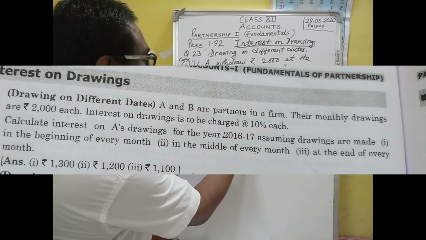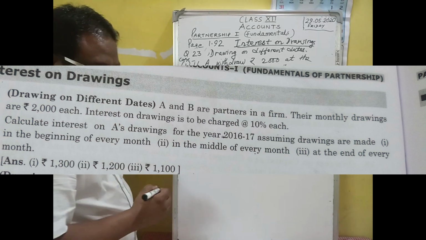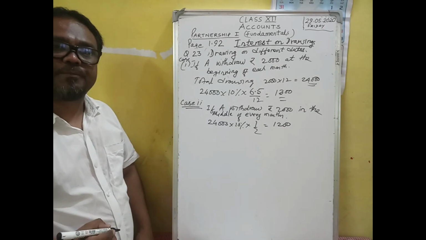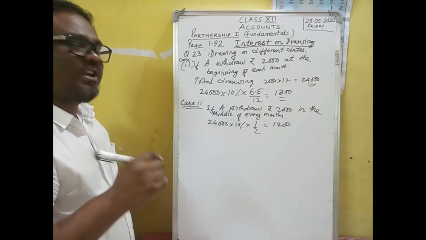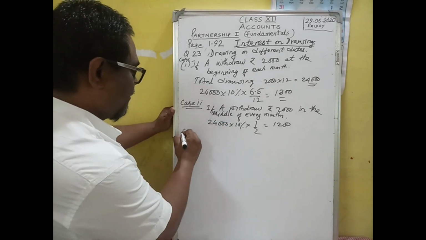Rate of interest is 10%. Middle of every month means you have to take it for 6 months, that will come to 1,200. If a fixed amount is withdrawn in the middle of every month, always assume it for 6 months.